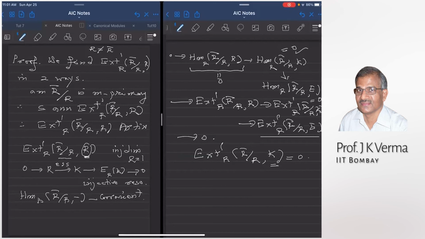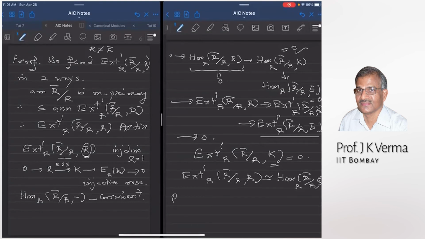So I'm just left with Ext^1(R bar over R, R) isomorphic to Hom(R bar over R, E).